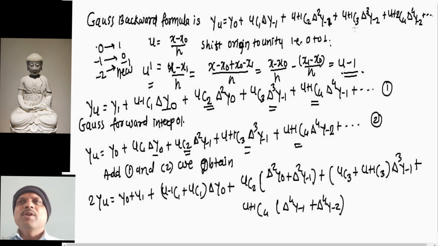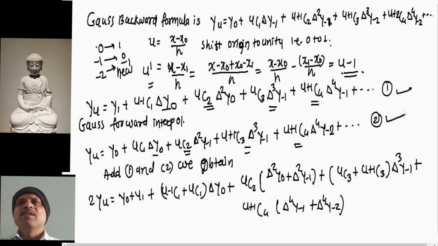For these changes the Gauss backward formula will change to this one: yu equal to y1 plus (u minus 1) c1 delta y0 plus u c2 delta 2 y0 plus (u) c3 delta 3 y at minus 1 plus (u plus 1) c4 delta 4 y at minus 1. Then let us call it equation number 1.